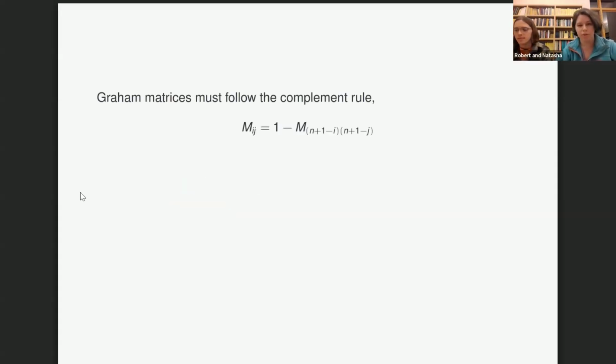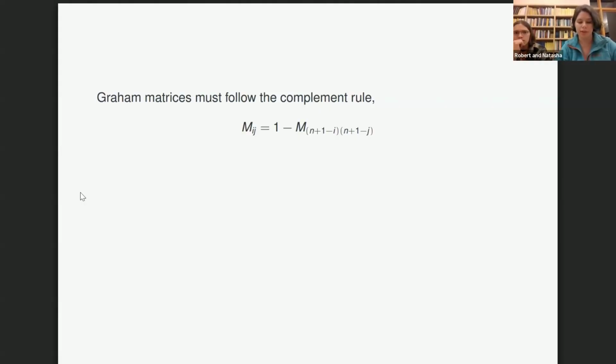So Gram matrices, this rule about congruent pieces, can really be simplified to this complement rule, where we say that the ijth entry is equal to 1 minus the (n plus 1 minus i)th, (n plus 1 minus j)th entry, which sounds a little complicated when you get the indexing right. But all that really says is if you reflect both vertically and horizontally, then the square you went to must be the complement of the square you were at.